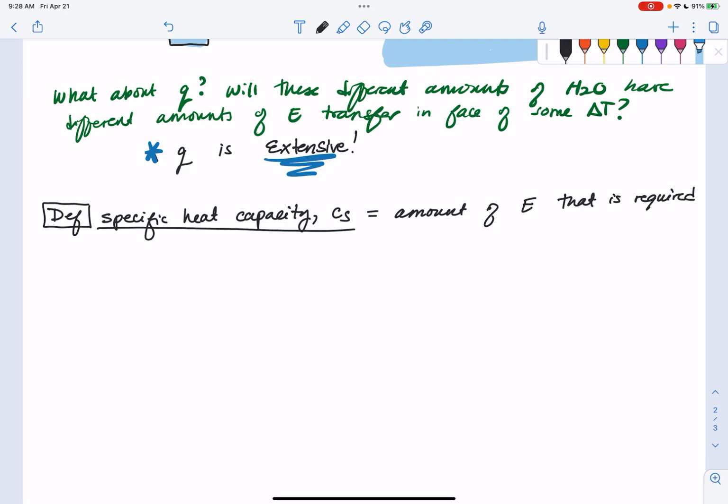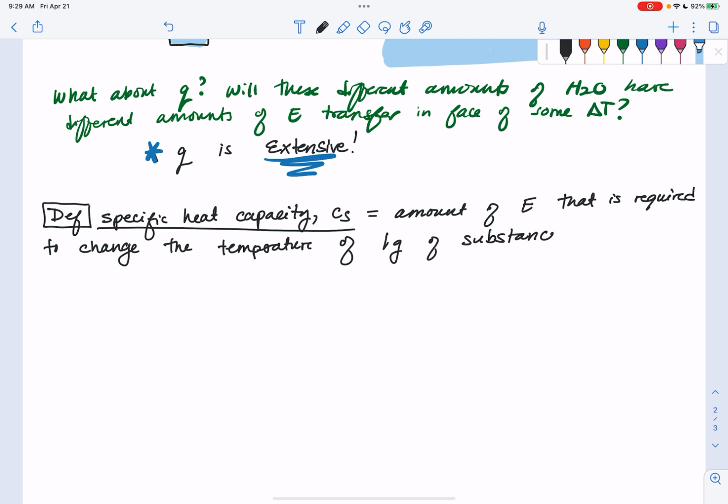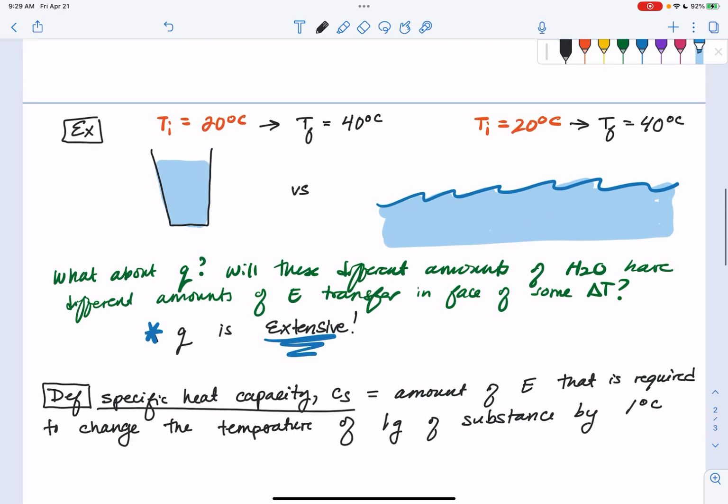We can heat a system using not thermal energy, but specific heat capacity is the amount of energy that is required to raise or change, I guess. It doesn't always have to be actually making something warmer. So to change the temperature of a substance, specifically of 1 gram of that substance, by 1 degree centigrade.